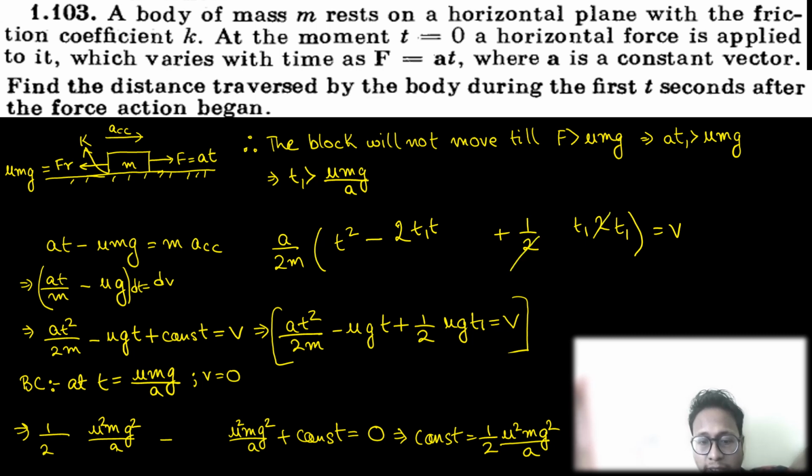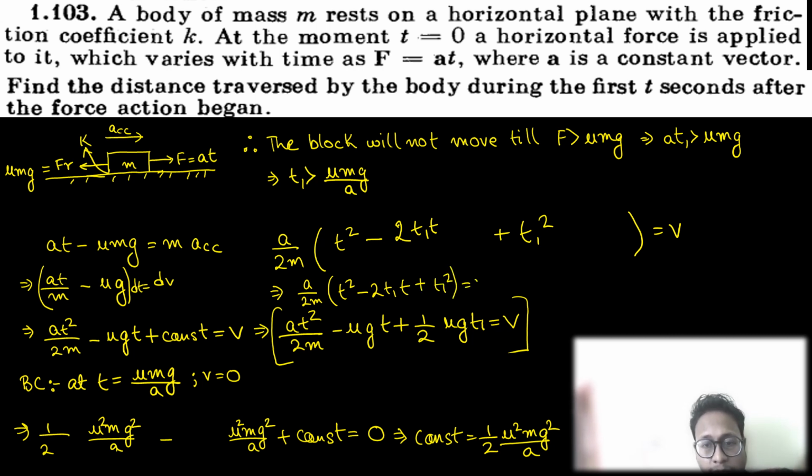T1 and t1 is nothing but t1 square. So this entire term will become t1 square. So if I rewrite the entire equation of velocity, it will become a by 2m into t square minus 2t1t plus t1 square is equal to v.